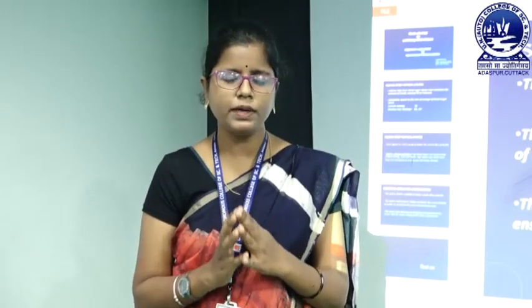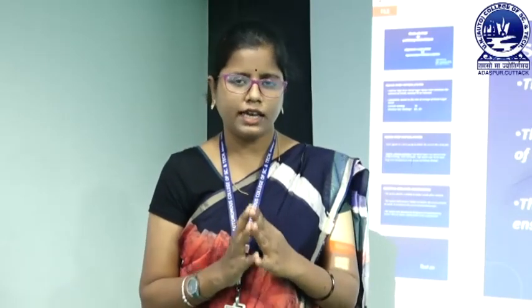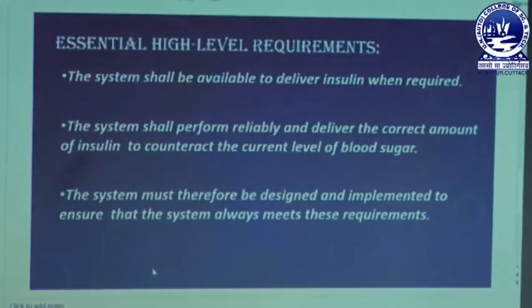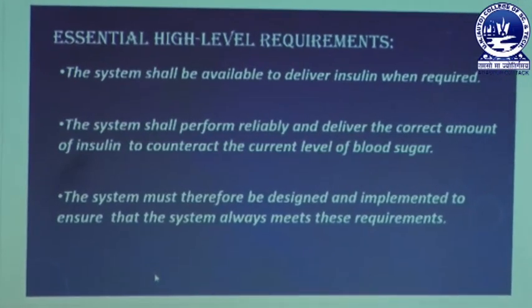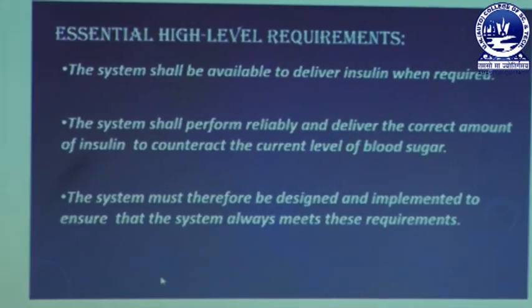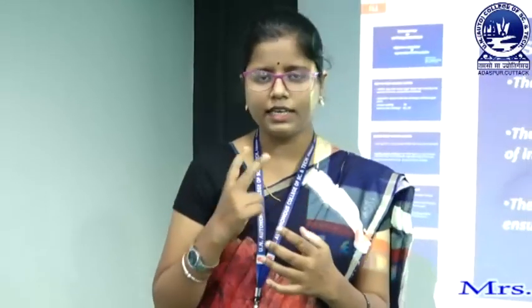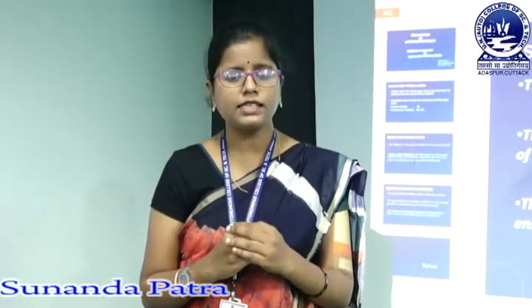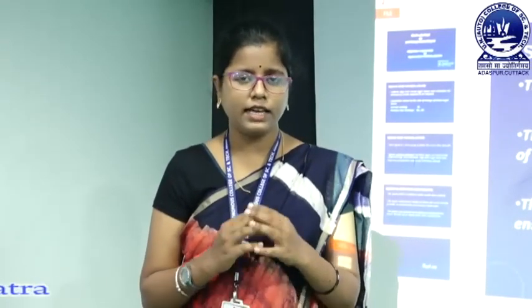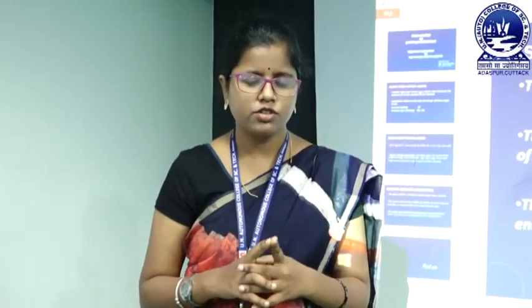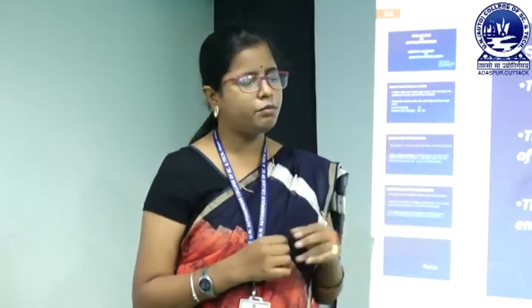So, there should be some amount of insulin kept in stock. Okay. The next is the system shall perform reliably. That means whenever we call a software a dependable software, the second attribute is that the system should be reliable. That means it should compute the correct amount of insulin dose that is actually required to be injected into that patient's body. So, these are the two high level requirements.